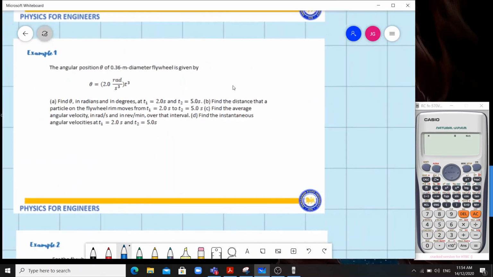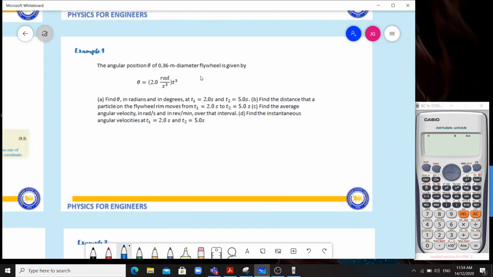In example number 1, let us apply that. The angular position theta of a 0.36 meter diameter flywheel is given by the equation theta equals 2.0 rad per second cubed times t cubed. Find theta in radians and in degrees at t1 equals 2 seconds and t2 equals 5 seconds.